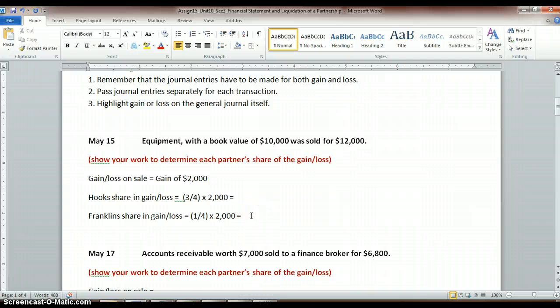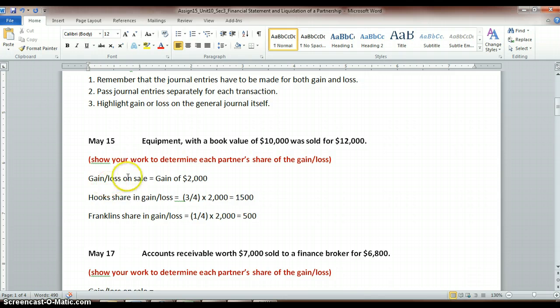So we need to do the math and figure out these numbers, and we come to find that Hook's share of this gain is $1,500 and Franklin's share is $500. Okay, and so then we need to journalize this transaction.